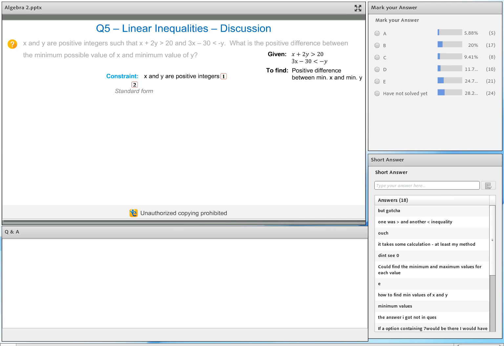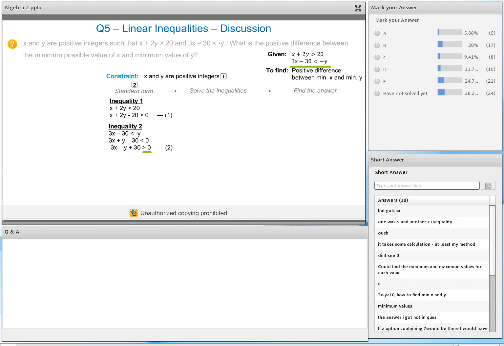Now the first thing is that we bring both the inequalities into the standard form. x plus 2y is greater than 20, and so what we get is x plus 2y minus 20 is greater than 0. That's the first inequality. Second inequality, 3x minus 30 is less than minus y. So I bring all the terms on the same side.